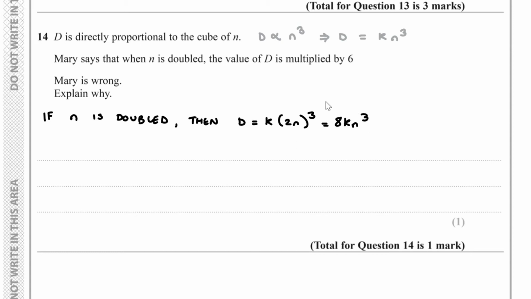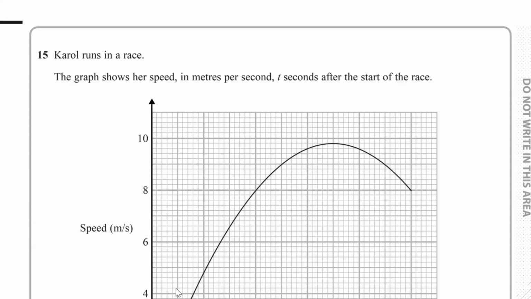So therefore, she's wrong because the value of d is multiplied by 8. So we can conclude that d is multiplied by 8.